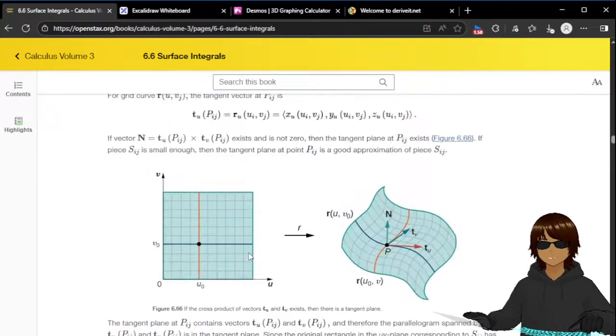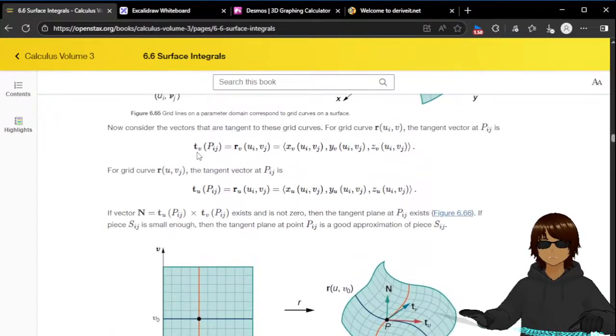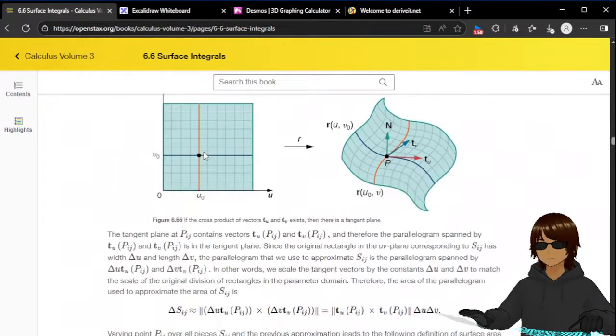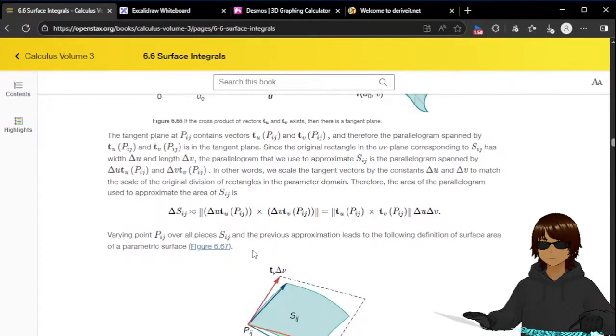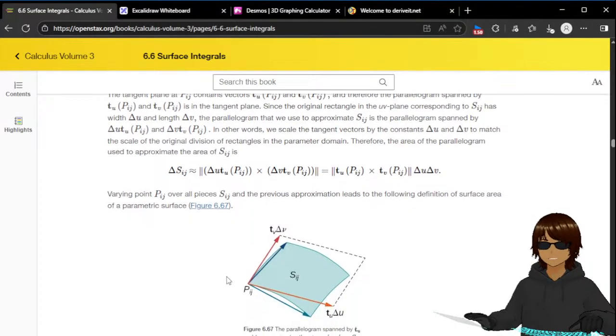One thing I don't understand: Tu is not a unit vector, right? It's tangent but not unit. But the thing is, delta U Tu won't be the same length as the Sij component, right?